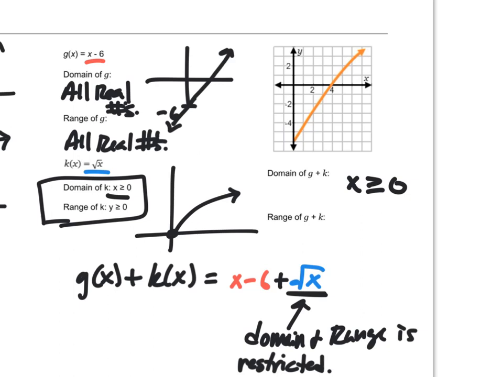It's going to take the property of the square root of x function because you've added that in there. And then the range, if I take any number x and subtract 6 from that, it's going to turn it negative, and we don't want that. So that kind of shifts the graph down a little bit, and we get a range that y is greater than or equal to negative 6.